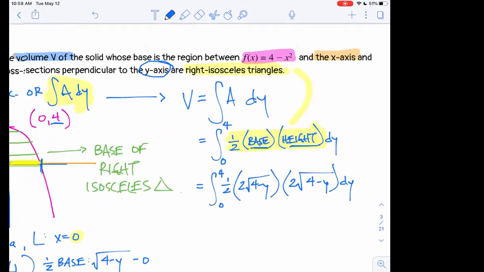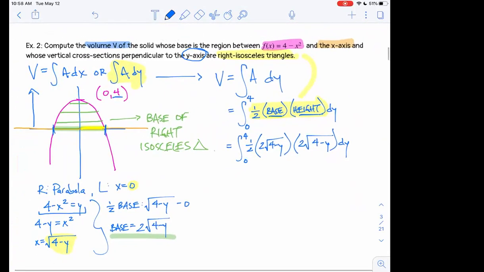Okay. So I just want you to look at that for a moment. Take a little bit of time to make sure that what we filled in so far makes sense.